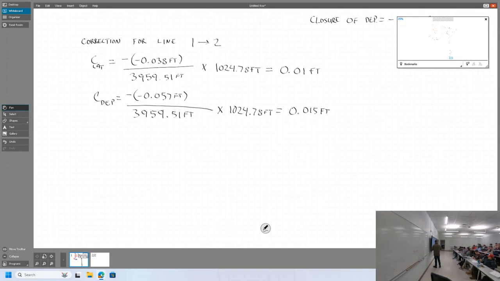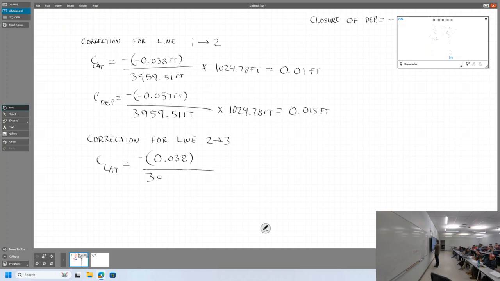Next line, 2 to 3. So again, does the length of the line change?